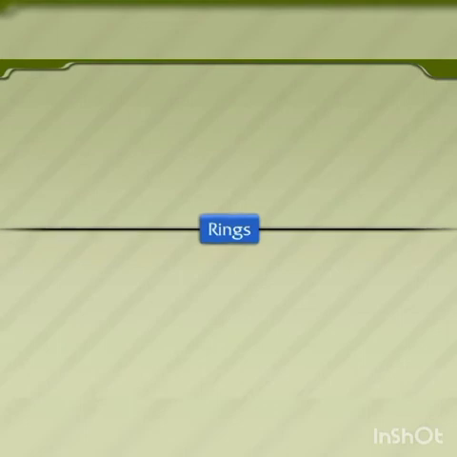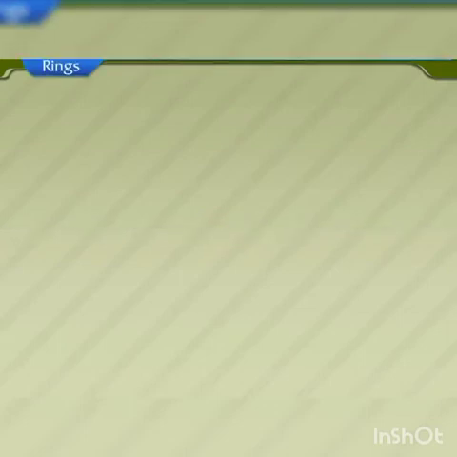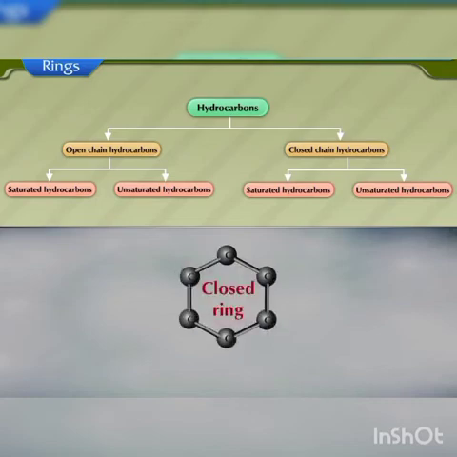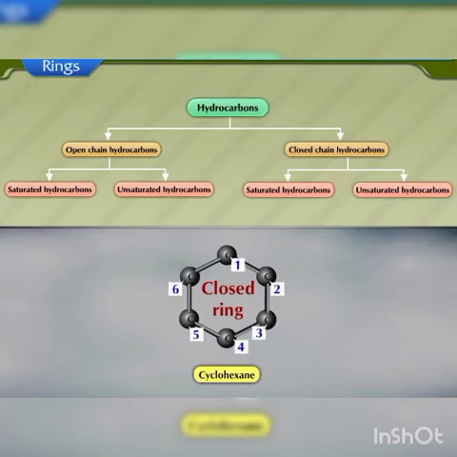Rings. There are some hydrocarbon molecules in which carbon atoms are joined to form a closed ring. One such example is cyclohexane. The carbon skeleton of a cyclohexane molecule contains 6 carbon atoms arranged in the form of a hexagonal ring.